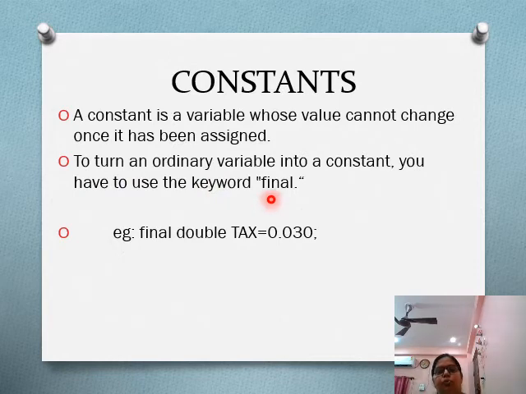We write final first, then double. Final is your keyword, which does not allow the variable to change. Double is your data type, text is your variable, and this is your constant, which will not change during the execution of the program.